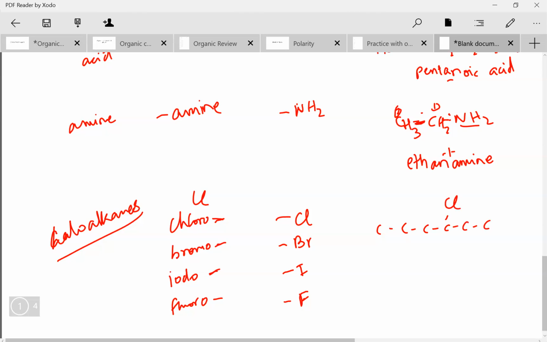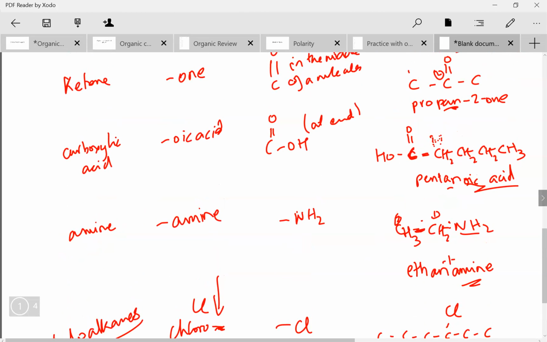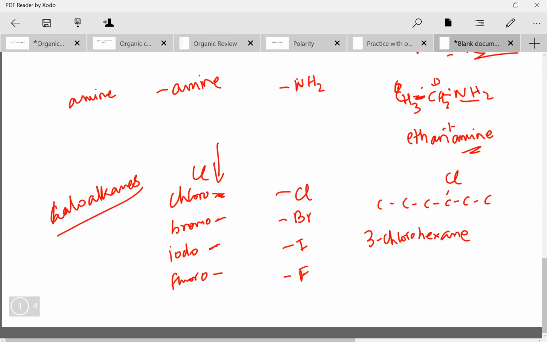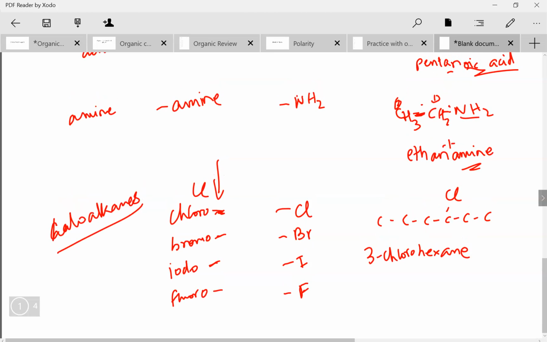For example, this is hexane, but again, this is a prefix, right? So you're adding 3-chlorohexane. Well, the halogens, for some reason, they don't become hexane chloro. They become chlorohexane. So these things don't come after. We've been putting these after the prop or but or pent or eth, but now we're going to put these things before.